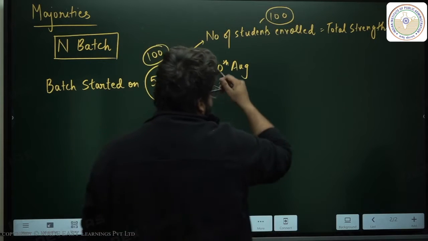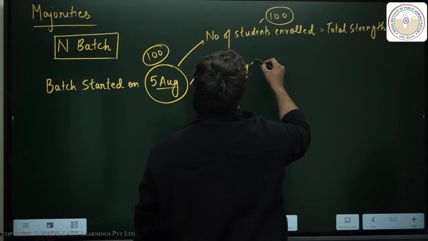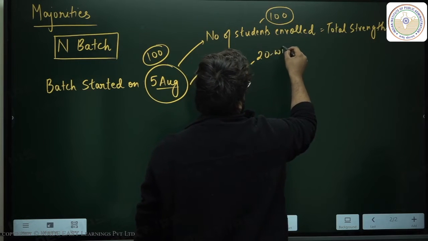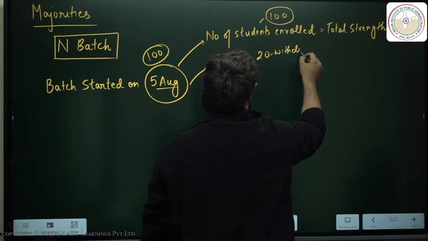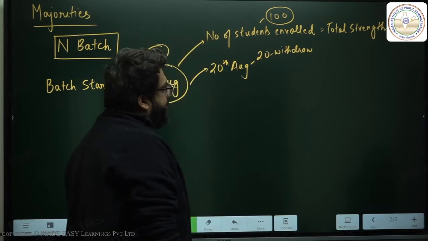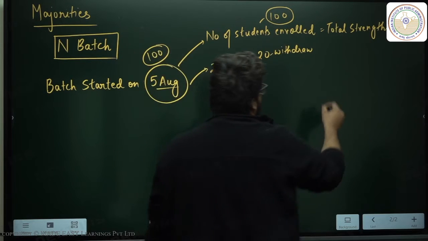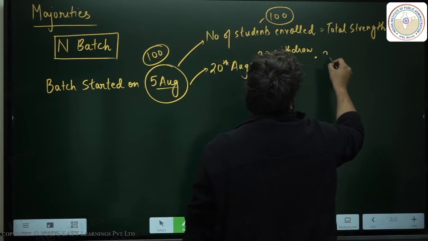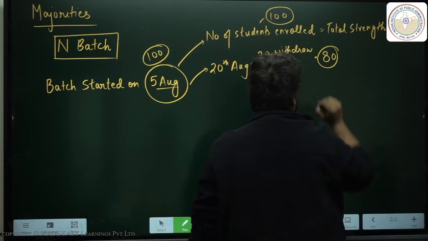Let us say by the 20th of August, about 20 students decided to withdraw from civil services prep, or decided to withdraw their admission from the batch. Now, this would have led to a specific strength. This strength became 80.